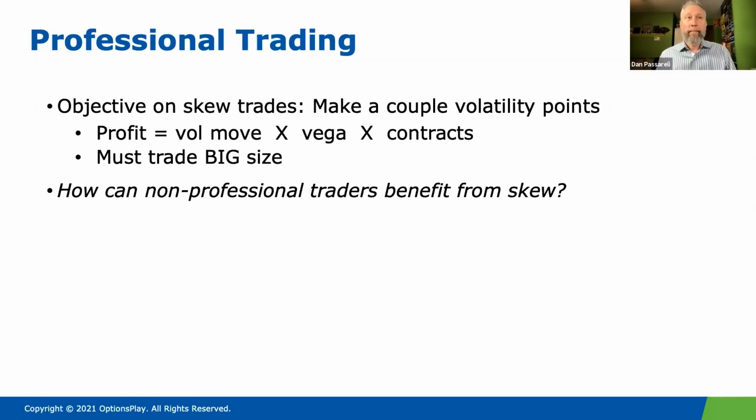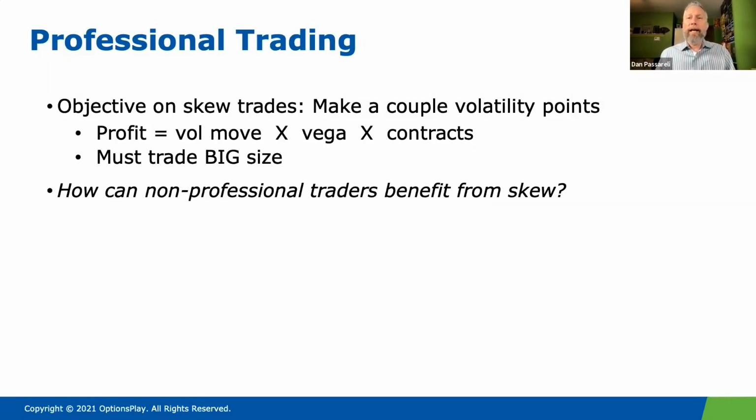So professional traders trade this very, very big. When I was down on the CBOE trading floor, I would have thousands of contracts on doing this. And mind you, professional traders have extremely liberal margin, right? It's more like retail portfolio margining, which maybe some of you have.